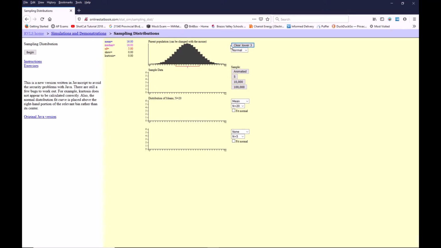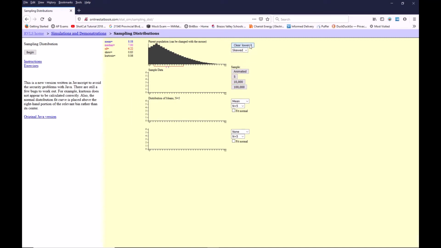All right, so let's look at one that's skewed. If I go back to a sample of size 2, that's going to be skewed. If I go to a sample of size 5, that's still skewed, less so, but still skewed.